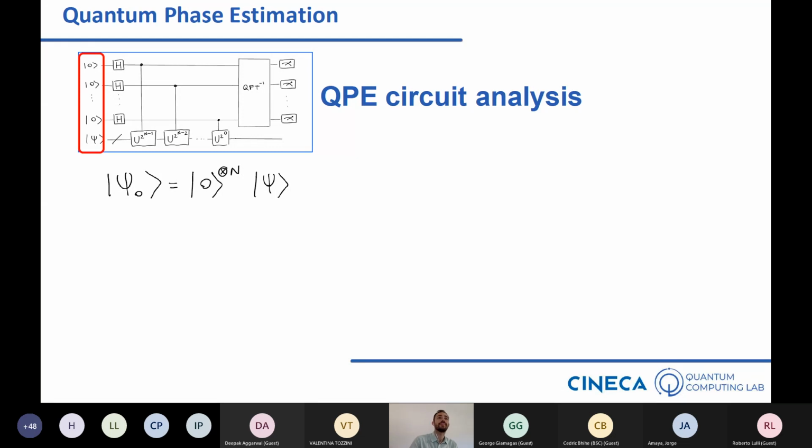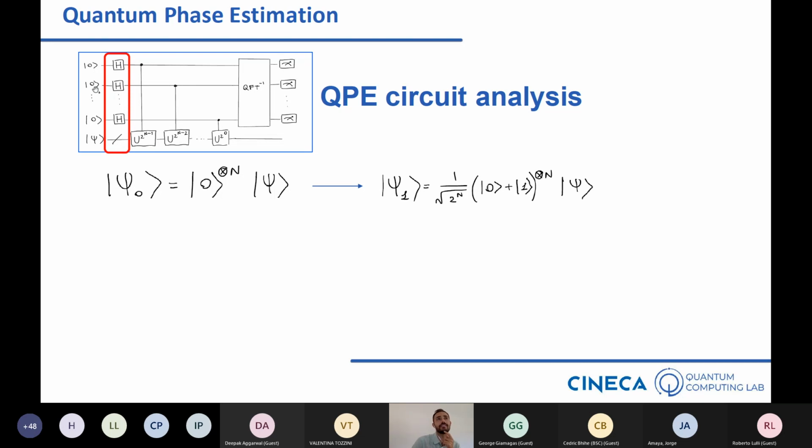Okay, let's go through the steps. I'm not going to go step by step, because it's much more complex than the previous circuits, but we're going to see block after block what changes in the state. At the beginning we have this kind of state, which we now know well. After application of the Hadamard gate on the first n qubits, you get this state.